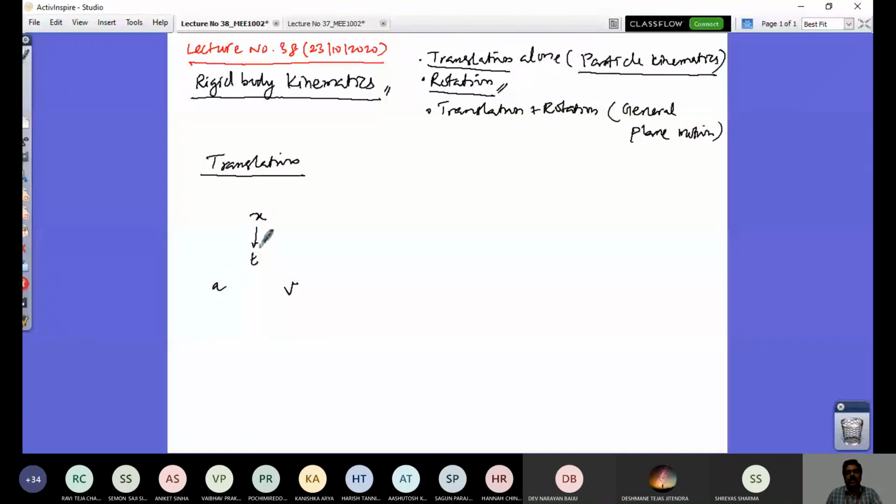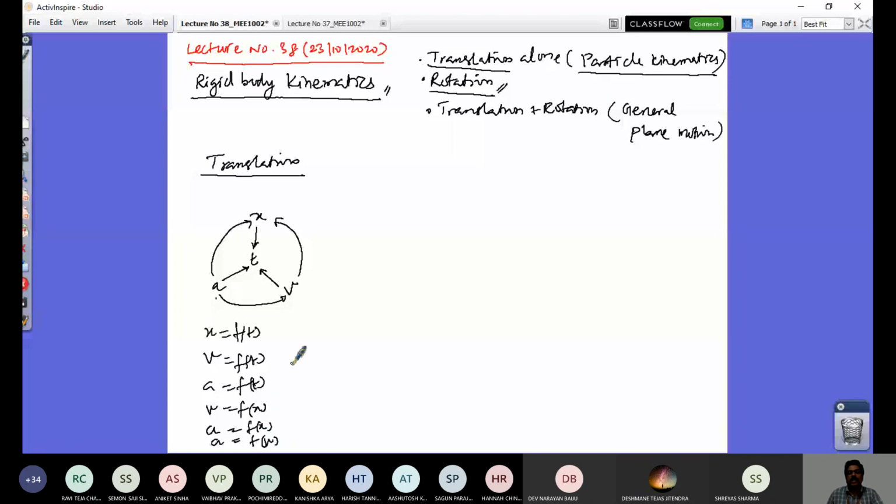So we looked at this: the radial relationship gives me the primary motion equation, and the peripheral or circumferential relationship gives me the secondary motion equation. So you can have x as a function of time, v as a function of time, or a as a function of time, which are the primary motion equations. Or you can also write v as a function of x, a as a function of x, or a as a function of v.